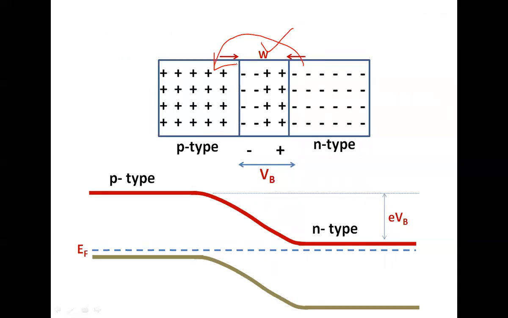That means the concentration of electrons in n-type material is greater than in p-type material, and hence diffusion of electrons takes place from n region to p region. As a result, the p-n junction is formed.